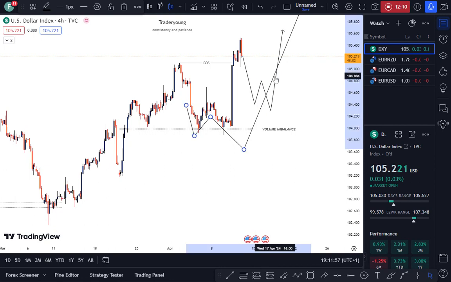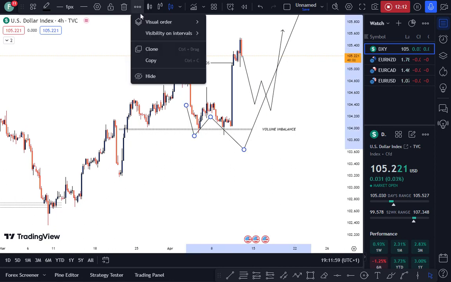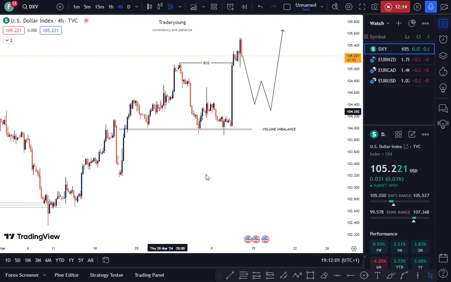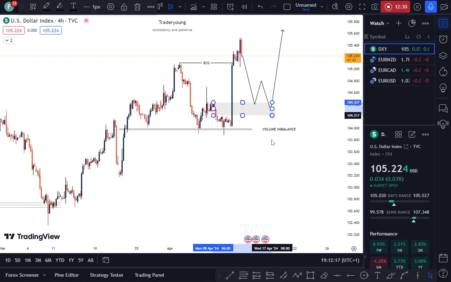Let me take this one off. So this is what I want to see. Price took out liquidity below, so my target is this level. Why am I picking this level? Joining it up together with my fair value gap, which will serve as my BPR zone.